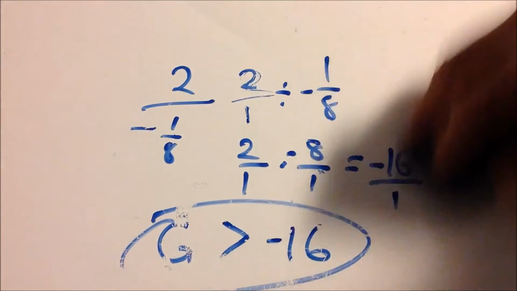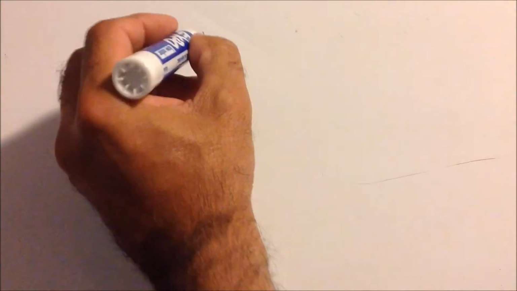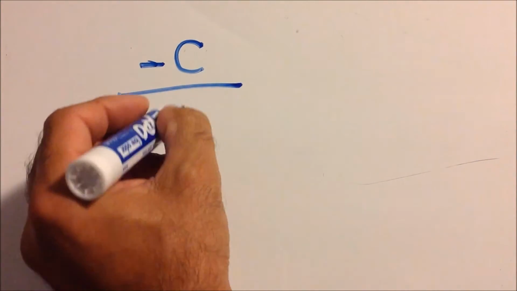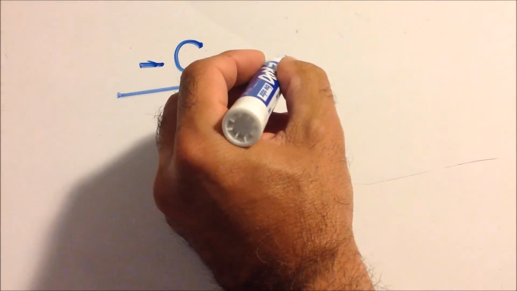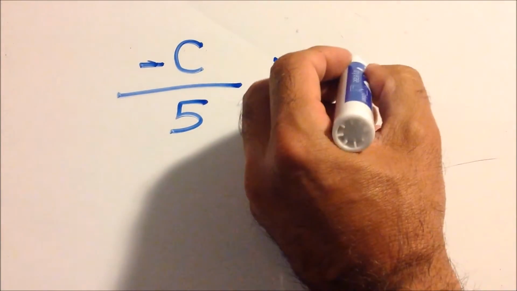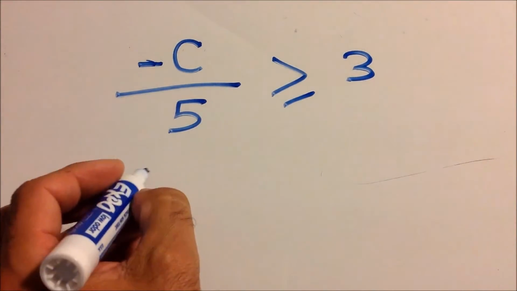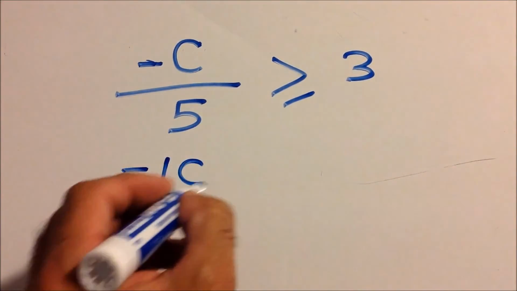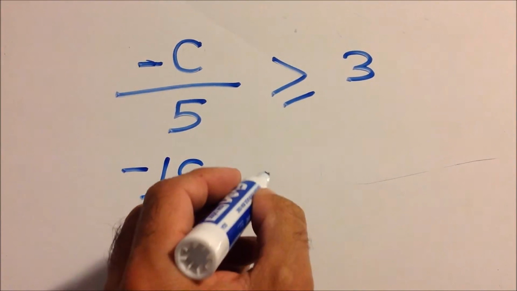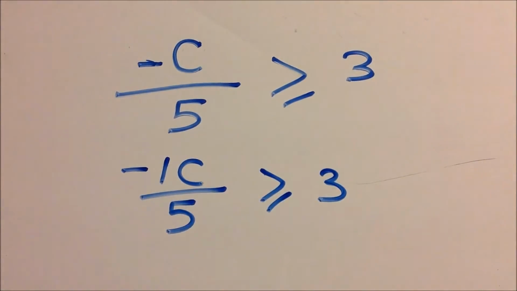So let me go over that again to make sure you understand. I'll give you another example. Let's say I had -c over 5 is greater than or equal to 3. So again, what we're seeing here is -1c over 5 is greater than or equal to 3.